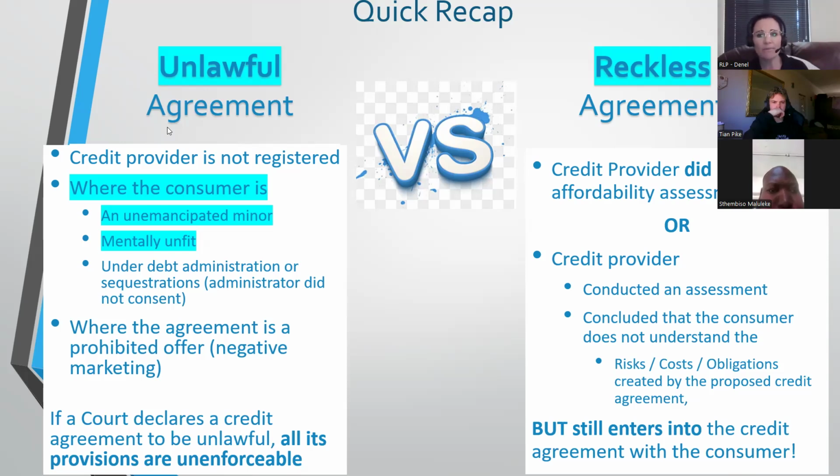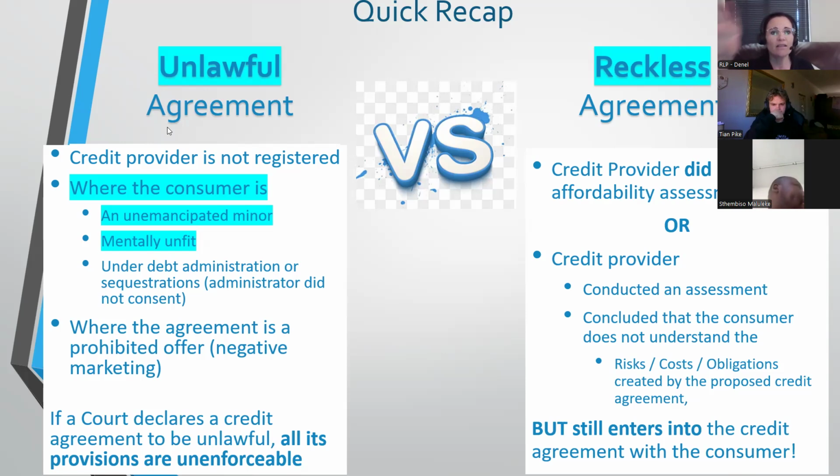A reckless agreement means that the credit provider did not conduct an affordability assessment. Or maybe they conducted the assessment, they even concluded that the consumer does not understand the risks, the costs, the obligations created by this agreement, but they still chose to enter into this agreement with the consumer.